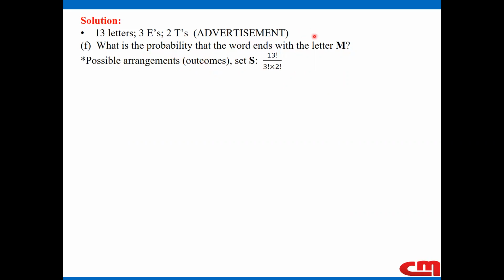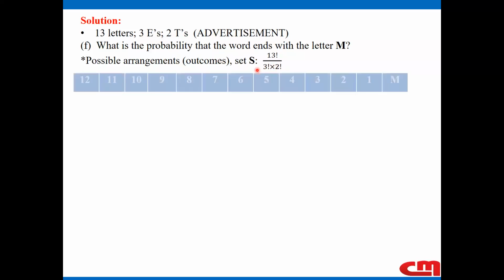But before that, the fact that we want probability, we need to come up with the possible arrangements, that is the possible outcomes, of which if you are to arrange this word advertisement, 13 letters, that is 13 factorial, right? Then you divide by the repeating letters, 3 E's, 2 T's, their arrangement is what is on the bottom, right?